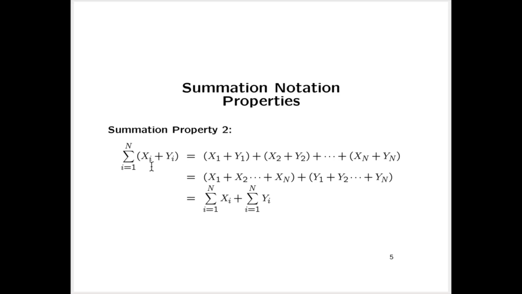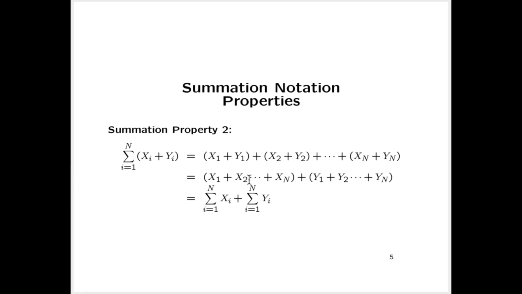Now, the justification is very simple. Again, we're just expanding out. In this first step, we're expanding out what this summation means. So we have x1 plus y1, plus the binomial x2 plus y2, and so forth, out to plus the last binomial, x sub n plus y sub n.